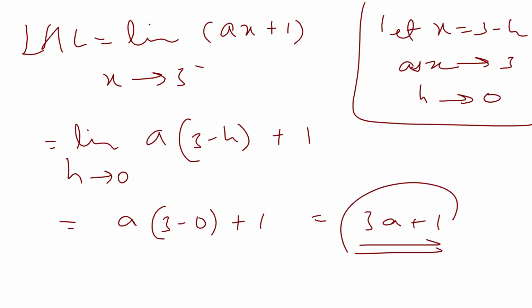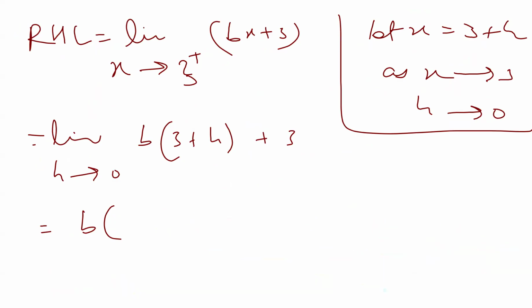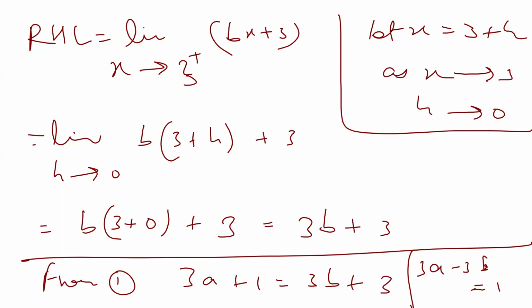So LHL is 3a plus 1, equal to 3b plus 3. Okay, so 3a minus 3b is equal to 2, or a minus b is equal to 2 upon 3.